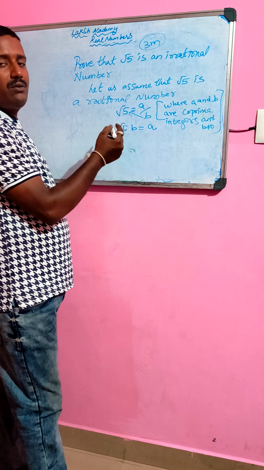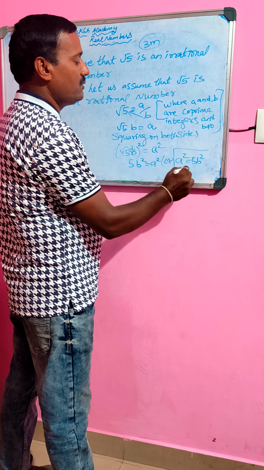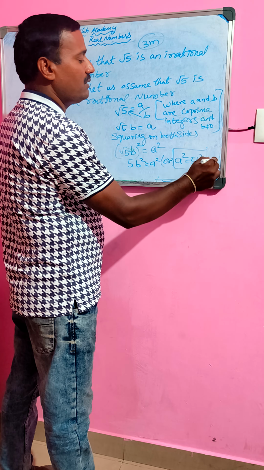It will become 5b square equal to a square, or a square equal to 5b square. So up to this step you have to remember a square equal to 5b square.